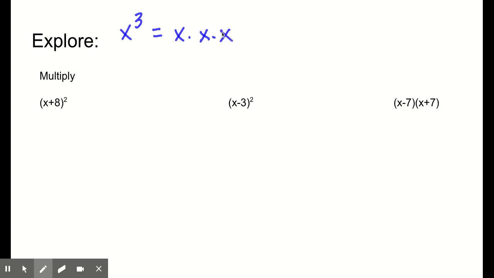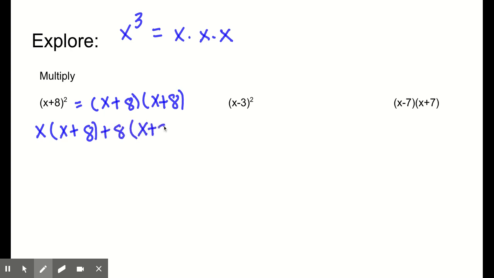So in this case, if we have x plus 8 squared, that's the same thing as x plus 8 times itself. So x plus 8 times x plus 8. We have two binomials, just like we saw in lesson 1.5, that we need to multiply together. So we're going to break apart our first binomial and distribute it to the second. So we have x times x plus 8 plus 8 times x plus 8.